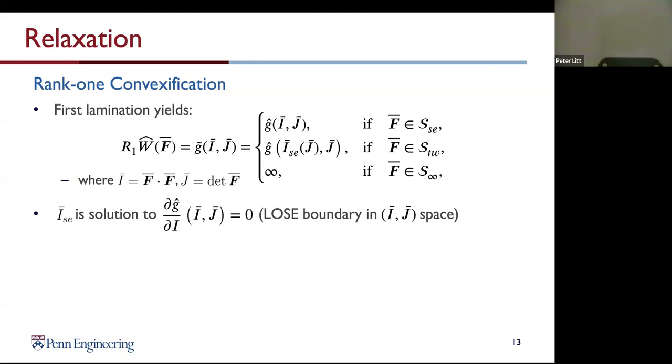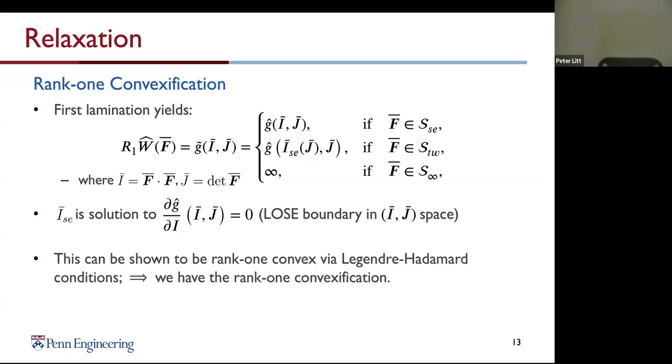So you basically just go over there, grab the I that corresponds to the loss of ellipticity, and plug that in for your energy here. So that's one lamination. In theory, as I said, you might need to do this multiple times because you're only checking rank 1 directions, but you have this higher dimensional space. But it turns out that this one lamination is sufficient to make this rank 1 convex. So that means that this is a rank 1 convexification.